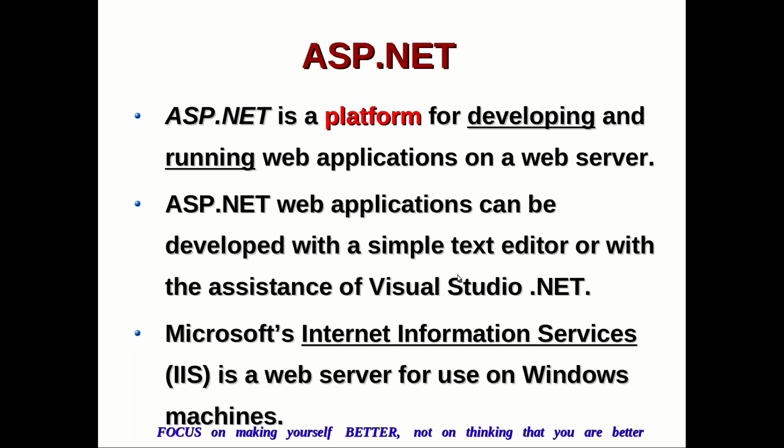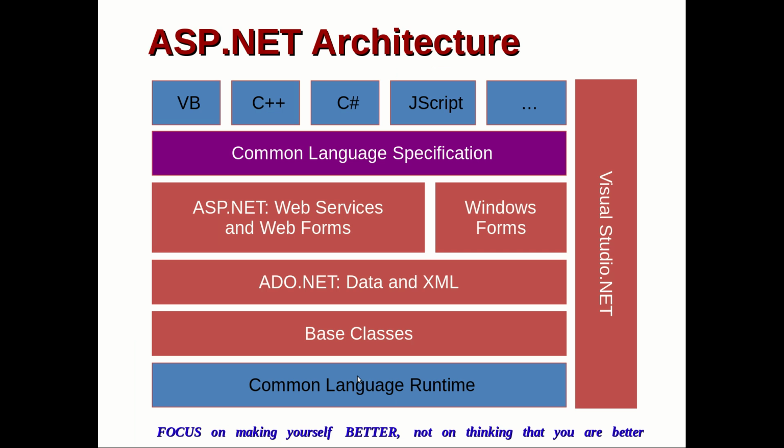And if you want to run an ASP.NET web application, if your machine is a Windows operating system, you must have Internet Information Service running in your Windows machine. This is the architecture which we discussed in our previous video.